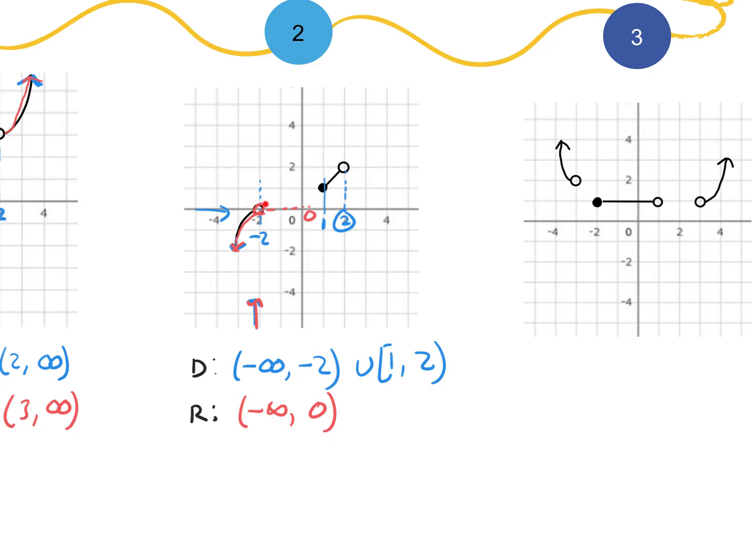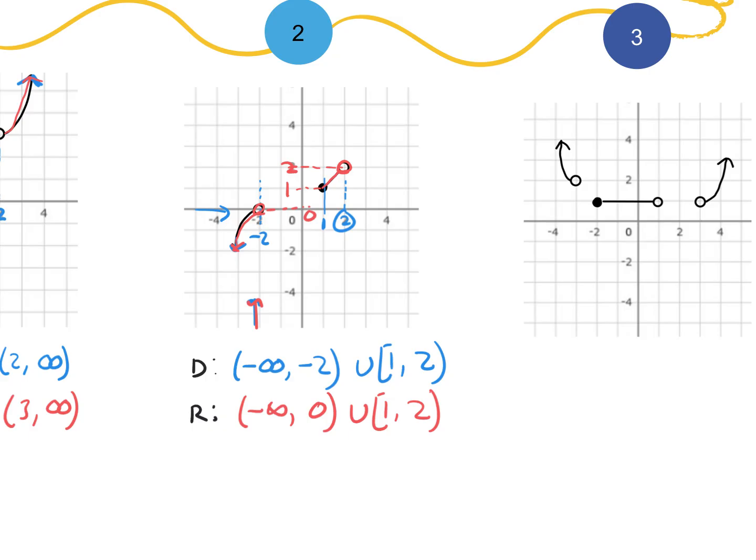Again, there is a little gap if we keep going up from the bottom to the top, and we start touching our graph again at this closed circle right here. So there's a 1, and with that 1, I'm going to need a bracket because of the closed circle. And then again, just keep going up, and it looks like we stop touching our graph at this open circle, which is at 2. So 1 comma 2 with the parentheses. That represents all of our values from bottom to top.